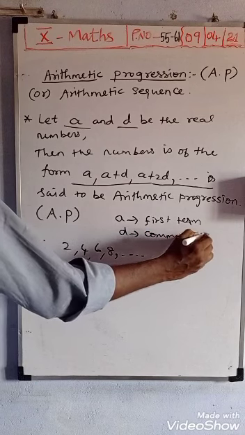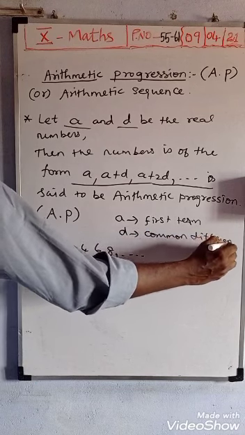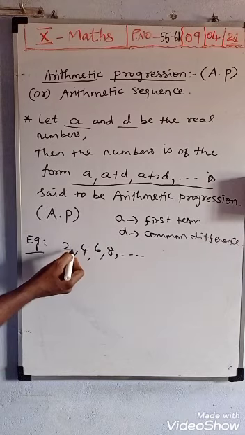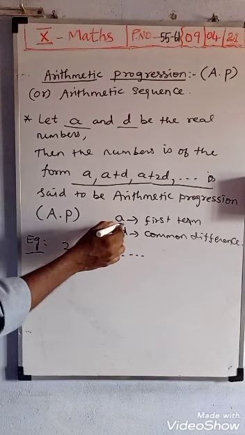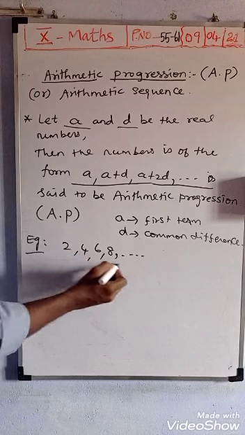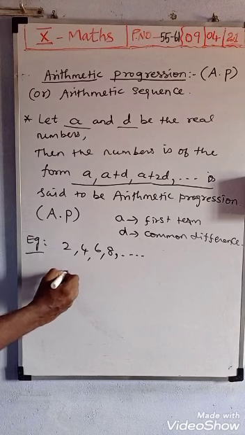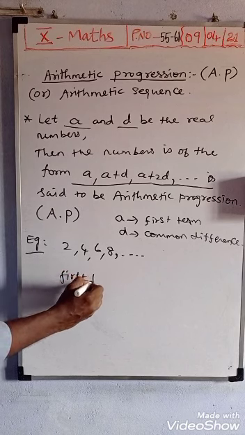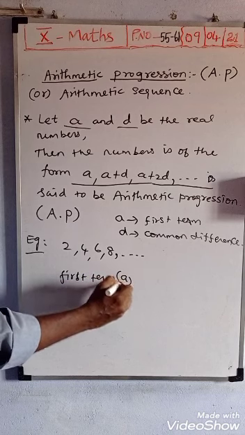D is called the common difference. So here A is called the first term. That means in the sequence the first term A is equal to 2.